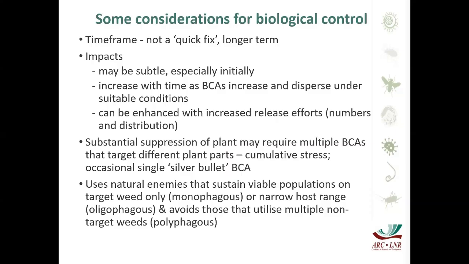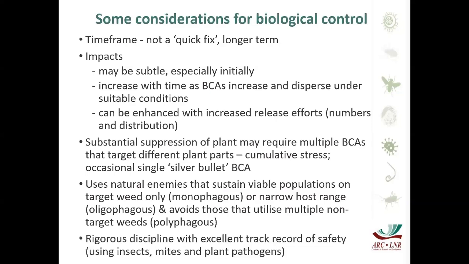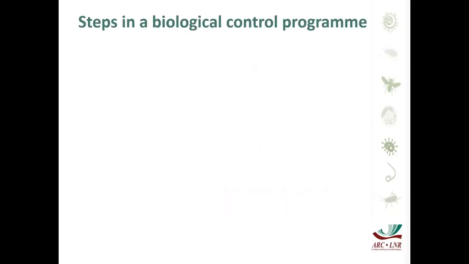And one of the key aspects of biological control is that we use insects or pathogens that can develop only on the target weed or have a very narrow host range, but mostly just monophagous. We do not use species that have a broad host range. It is a rigorous discipline. We've got an excellent track record of safety.